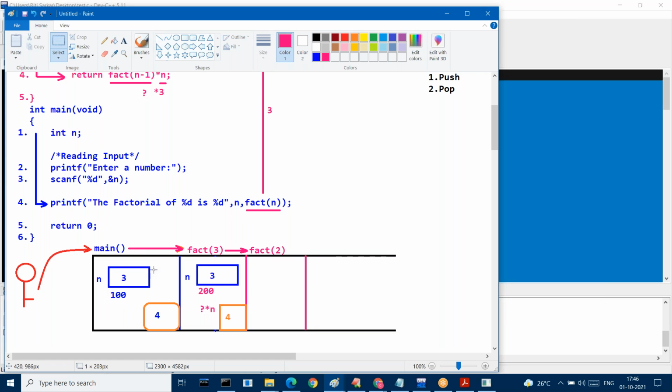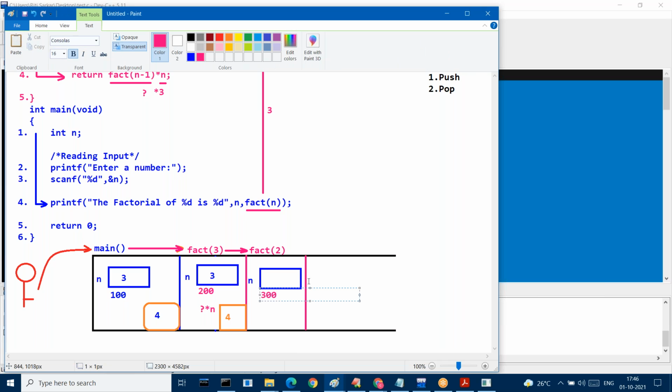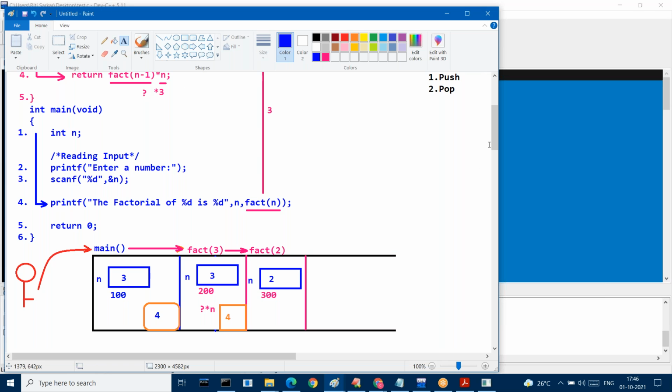Beautifully capturing n value. This time is it 3 or something else? No, sir, not 3. This time 2. Location, his own memory location, some value, sir. Currently, I'm not dealing with pointers, so I'm not that interested in the address. But some address value. Received value here is 2. Fact 2 started execution.